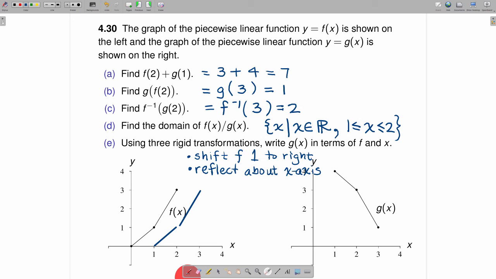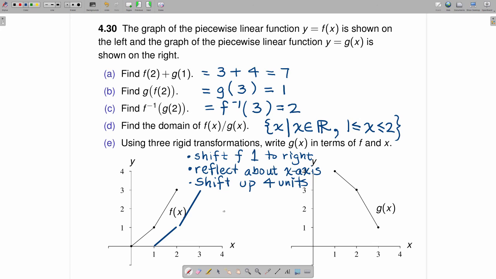Now, the last thing you have to do is take that particular function and translate it up 4 units. So last thing will be shift up 4 units. And when you do that, you will get g of x.